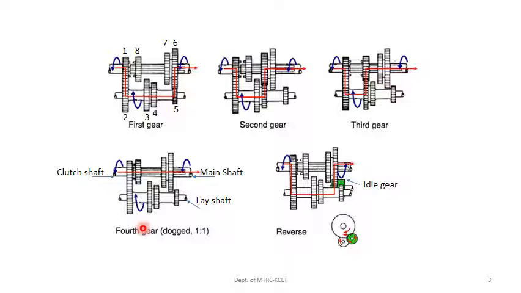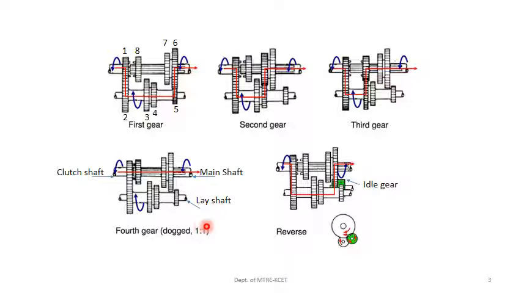The top gear is achieved when the main shaft is directly coupled with the clutch shaft. So if the clutch shaft is rotating at 4000 rpm, the main shaft also rotates at 4000 rpm. The shafts are directly connected by using the dog clutch and the gear lever. So we achieve a 1:1 gear ratio.